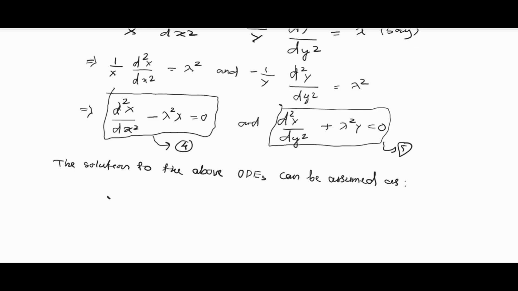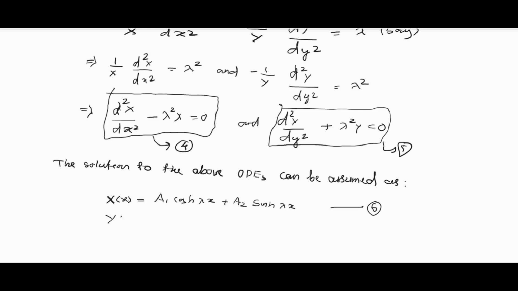X as a function of x is equal to A1 cosh lambda x plus A2 sinh lambda x. This is equation number 6.